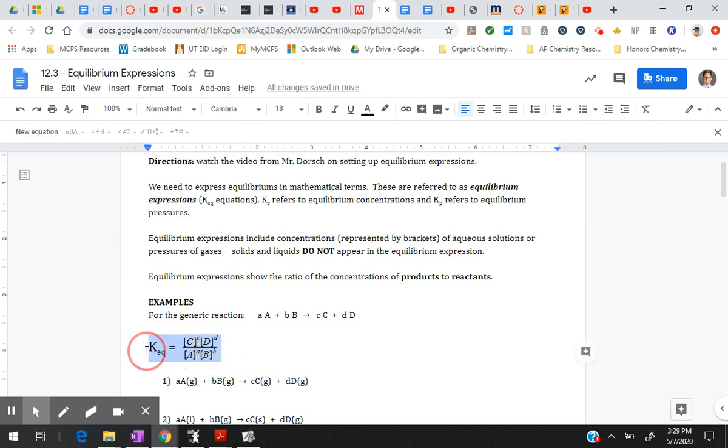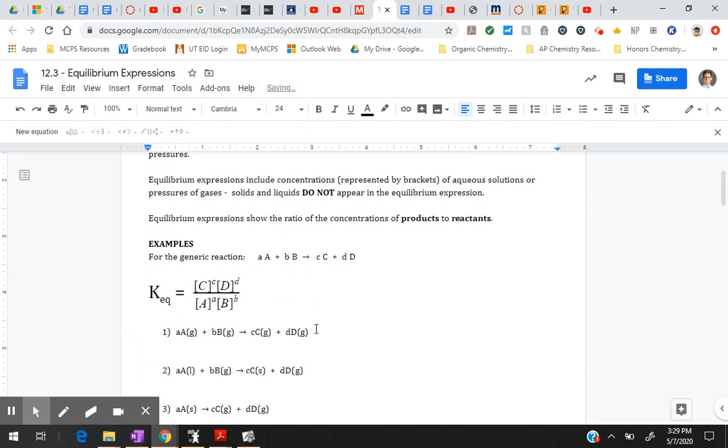So what I've done here is created a generic equilibrium expression where I have the concentration of product C in brackets raised to the lowercase c power, which is the coefficient.